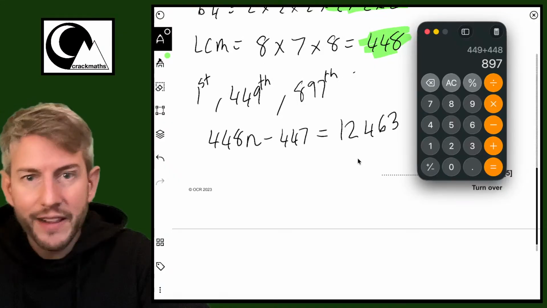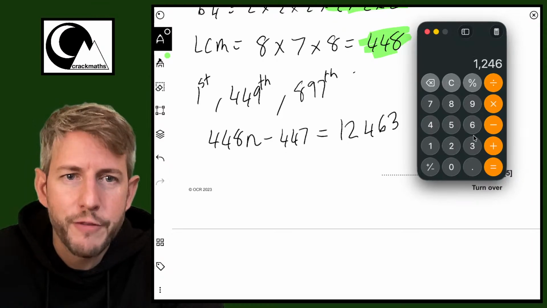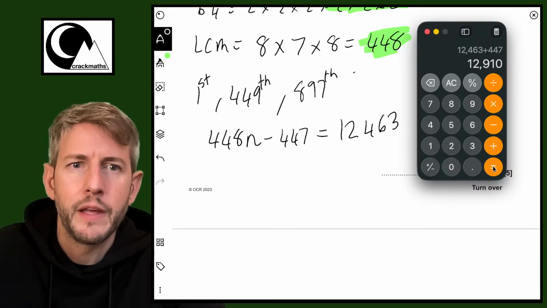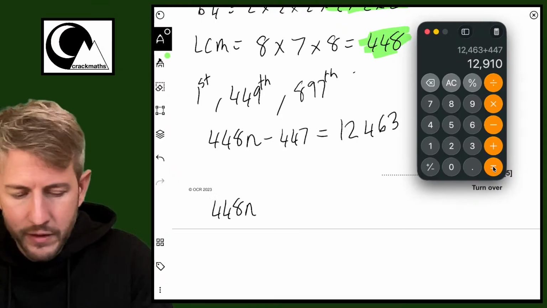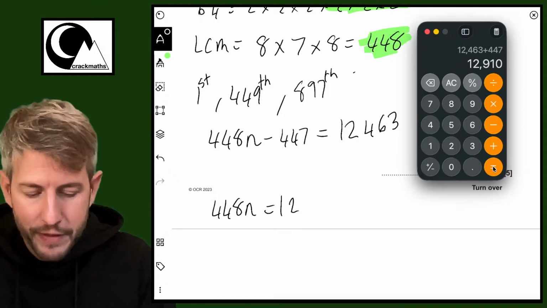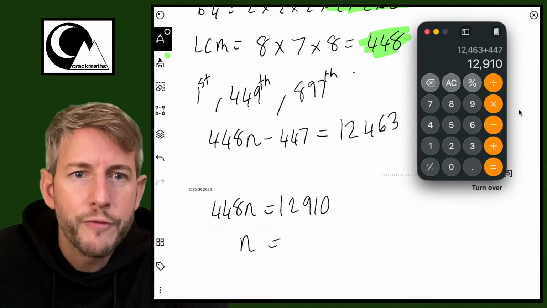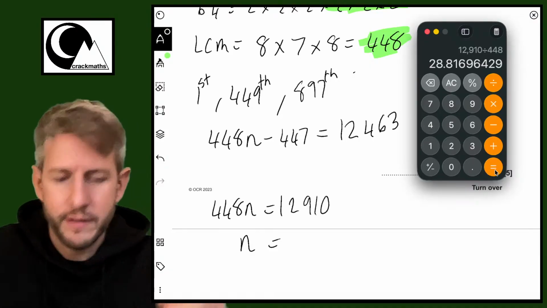Add the 447 onto both sides. 12,463 add the 447 equals this. So 448n will equal 12,910. Divide it by the 448.